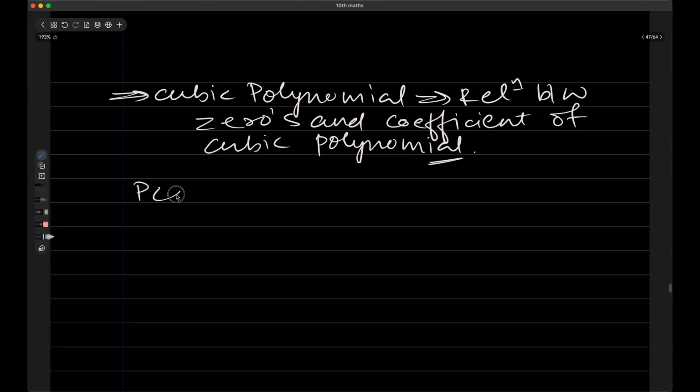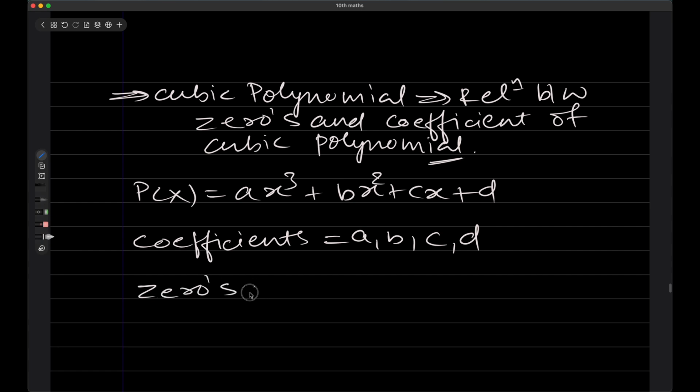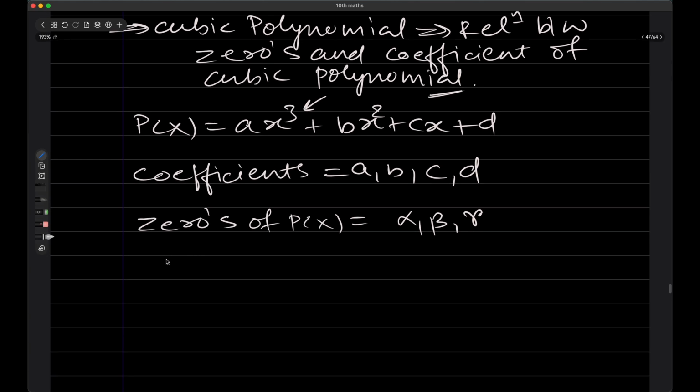We have polynomial p of x equals ax cube plus bx square plus cx plus d, where coefficients are a, b, c, d. We have zeros of polynomial alpha, beta and gamma. Because we have cubic polynomial, we have three zeros of polynomial.